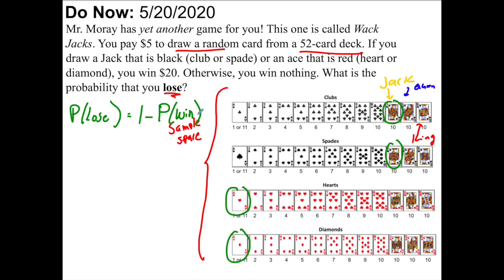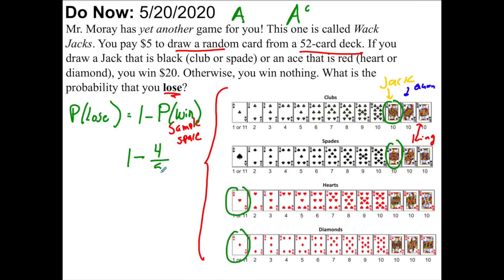And the complement, right? If the event A represents something happening, the complement represents something not happening. This is only one way, by the way, I'll tackle this problem. So the probability that we win, there are 4 cards that would make us win.